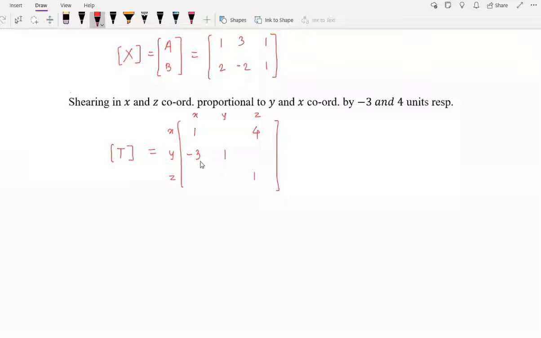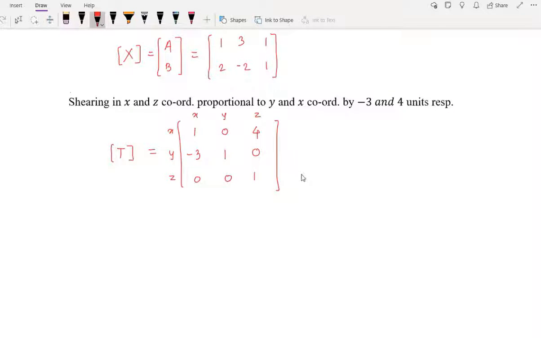So this entry represents the shearing in X coordinate proportional to Y coordinate by -3 units, and this position represents the shearing in Z coordinate proportional to X coordinate by 4 units. The rest of the non-diagonal entries are 0. So this is our shearing transformation matrix: [1, 0, 4; -3, 1, 0; 0, 0, 1].